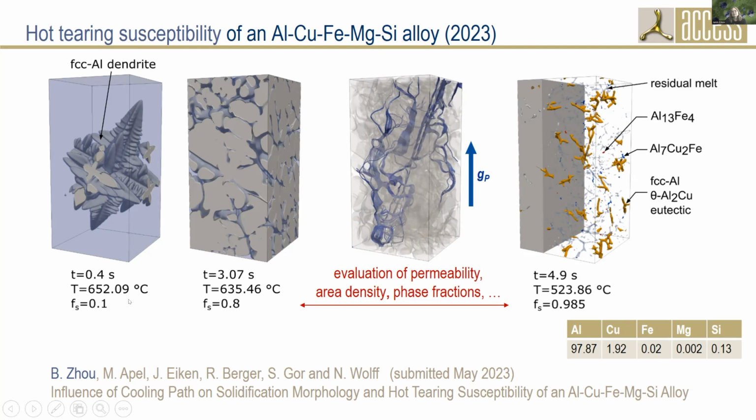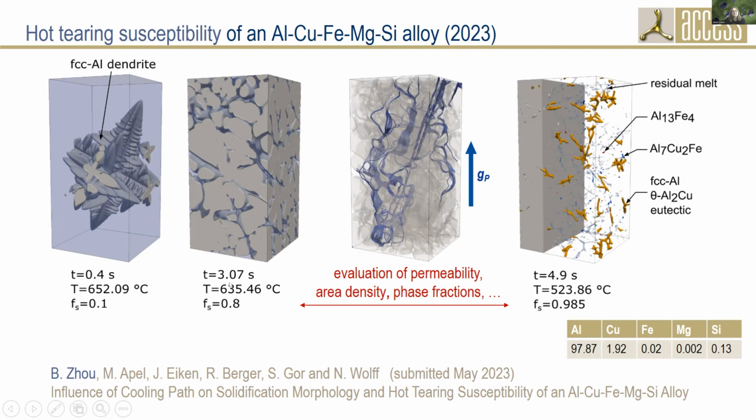The topic in this project is hot tearing. The special focus was on the last part of the solidification, starting from the moment when the residual liquid channels start to close, until the permeability stops.